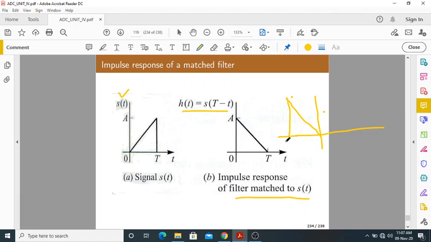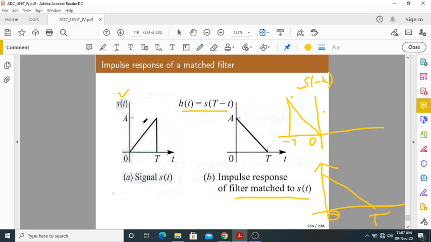This is minus t, this is 0. S of t becomes s of minus t. Correct? Next, after this, you get the time shifting of the signal towards the right side by T. Then this is the impulse response here.